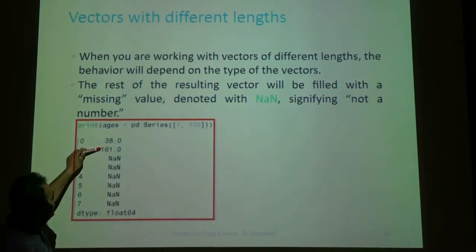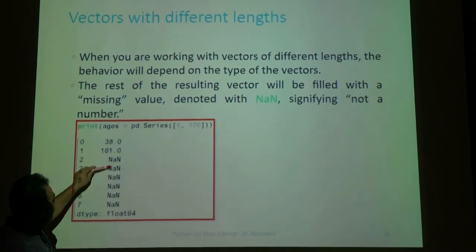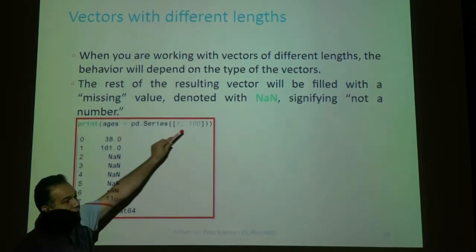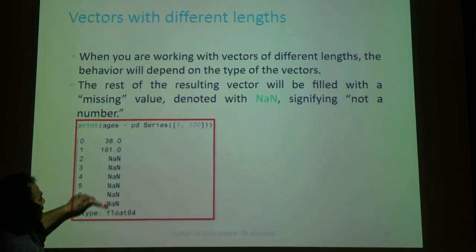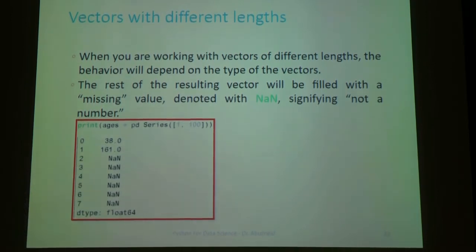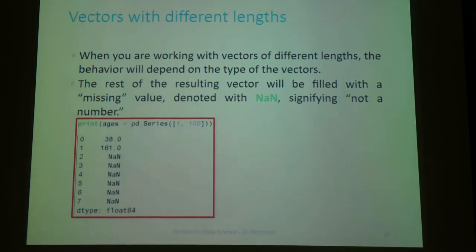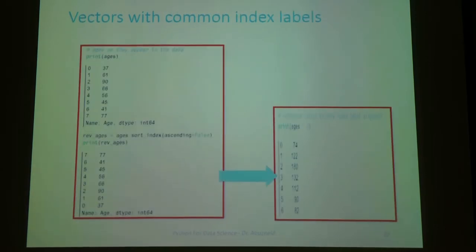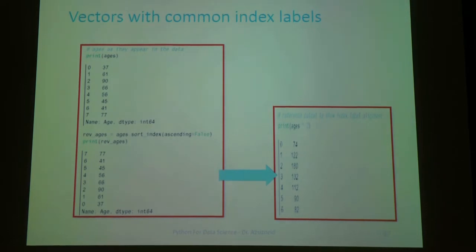So 38 plus 161. The rest do not have values because you have only 2 elements, so it will give you NaN. NaN means not a number in Python.